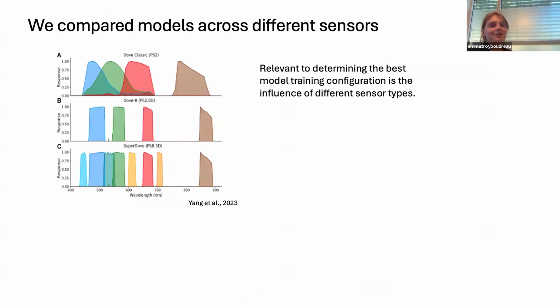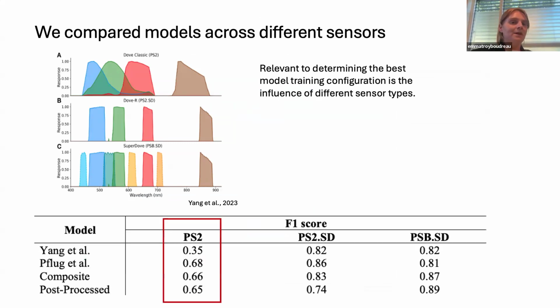But we felt it was relevant to look at how our models do across the different sensors, because we know PlanetScope has 3 different generations of sensors on board. And so we tested the F1 scores for the 3 different sensors, and it was evident that when we used the model on the first generation of sensors, the performance wasn't as good as when we use it on the later 2 generations.